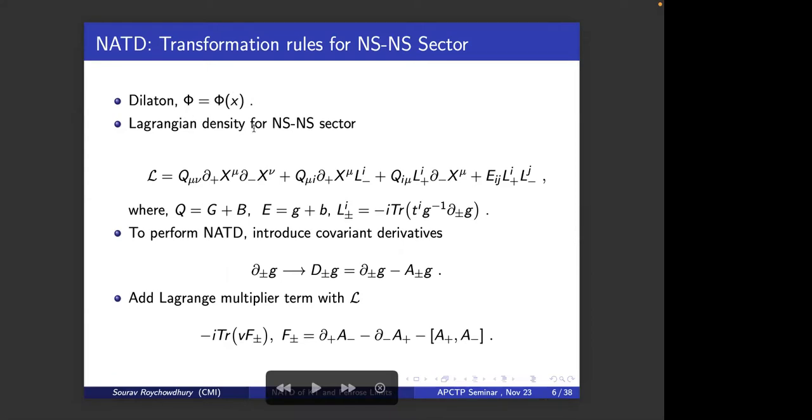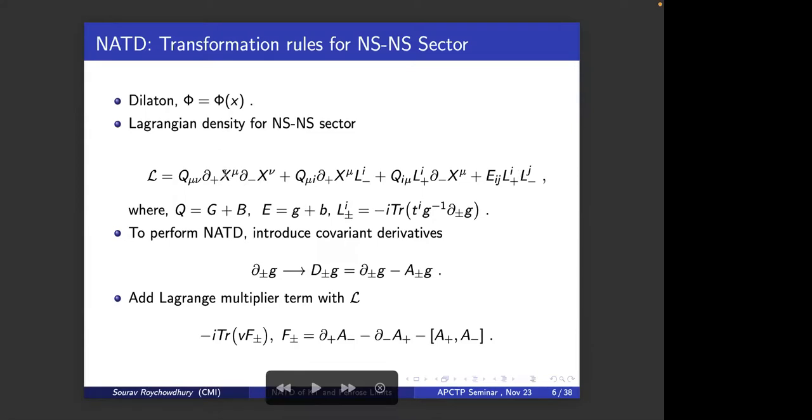Now, in order to carry out the non-abelian construction, first we will consider the worldsheet Lagrangian, where Q is taken over G and B, and a similar decomposition can be done for the spectator part and the group part.